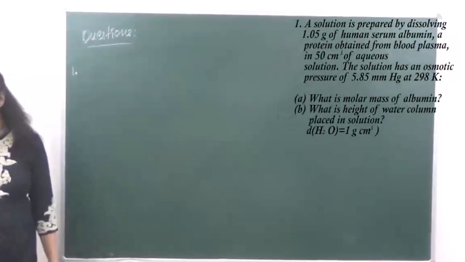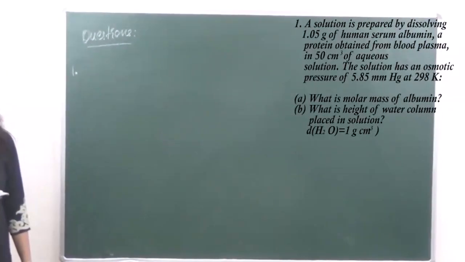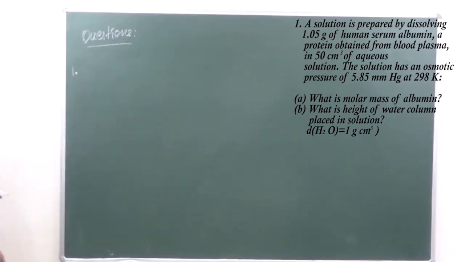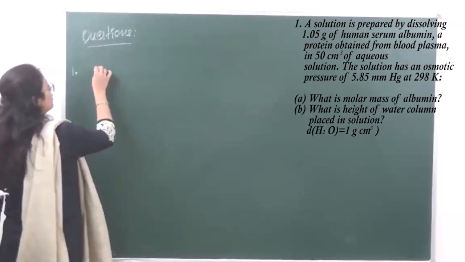The first one is, a solution is prepared by dissolving 1.08 grams of human serum albumin, a protein obtained from blood plasma, in 50 centimeter cube of aqueous solution. The solution has an osmotic pressure of 5.85 mm mercury at 298 K. What is the molar mass? Let's put the formula directly over here.